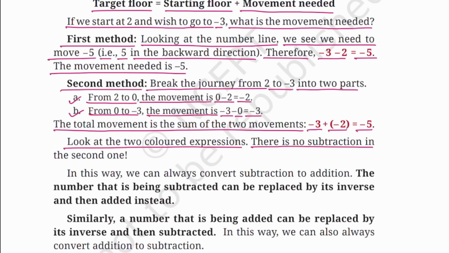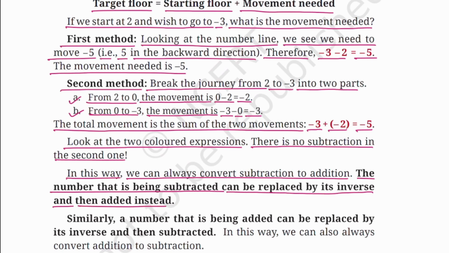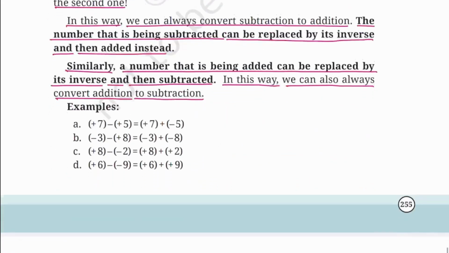There is no subtraction in the second one. In this way, we can always convert subtraction to addition. The number that is being subtracted can be replaced by its inverse and then added instead. Similarly, a number that is being added can be replaced by its inverse and then subtracted. In this way, we can also always convert addition to subtraction.